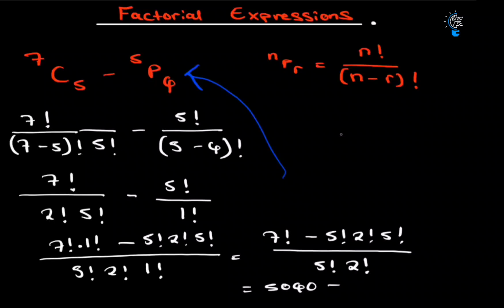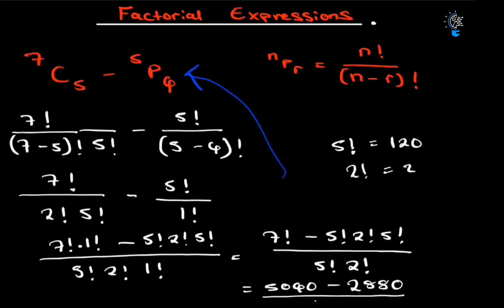And 5 factorial is equal to 120. So 120 times 120 times 2, we're going to end up with 2880, divided by, we know that 5 factorial is 120 times 2 factorial is equal to 2. So we're going to get 240.